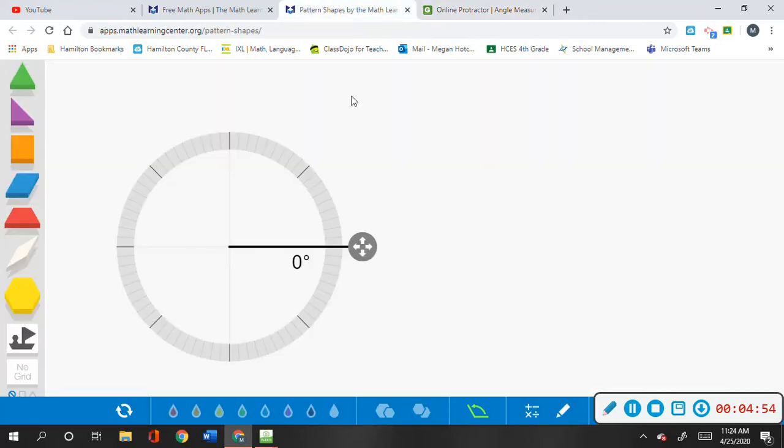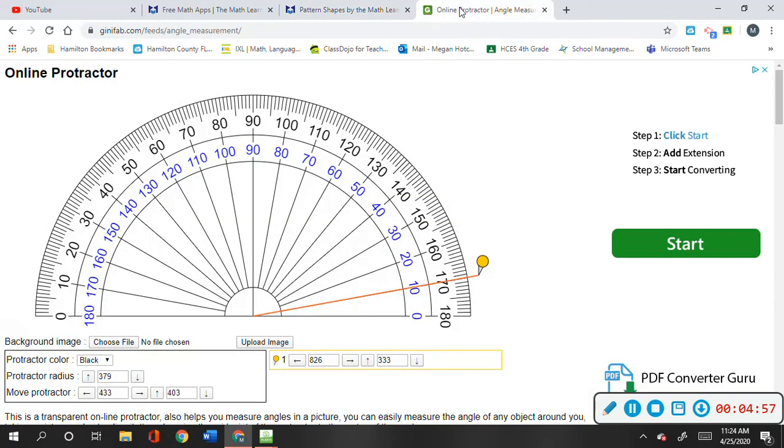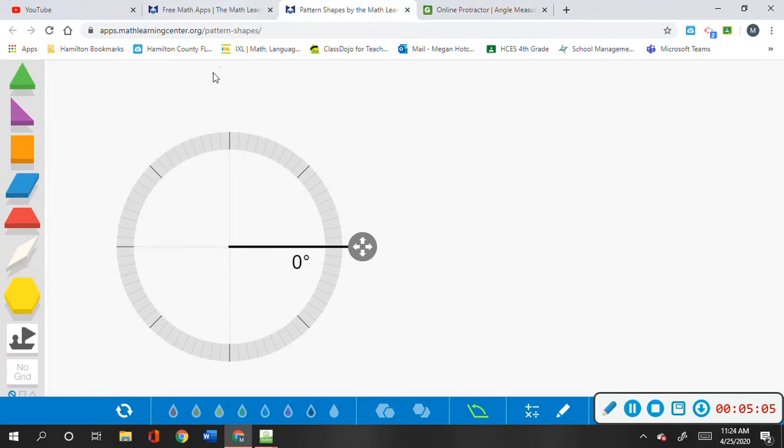Anyhow, when we're measuring with a protractor, we have to line the angle up exactly in the middle. So if I wanted to find the angle, let's call these points A, B, and C. The angle that we're looking at is this angle right here, A, B, and C. If you think about it, what letter represents our vertex?